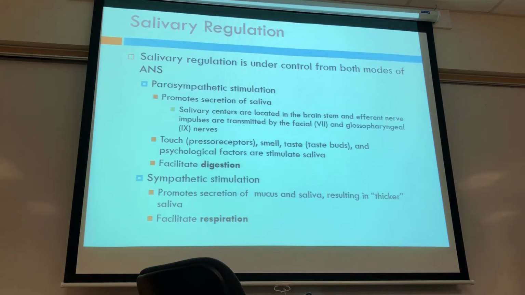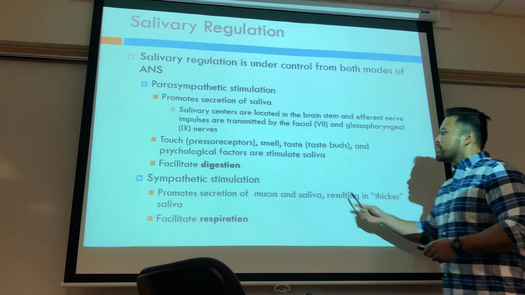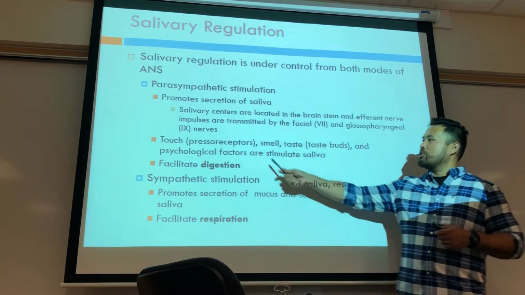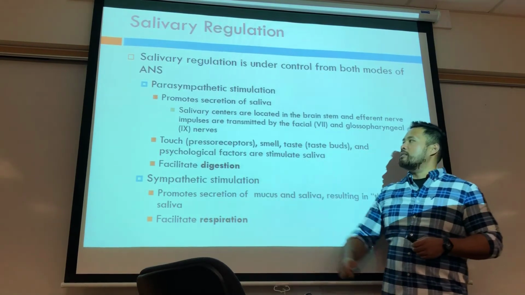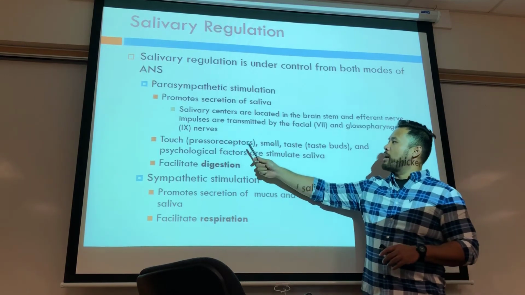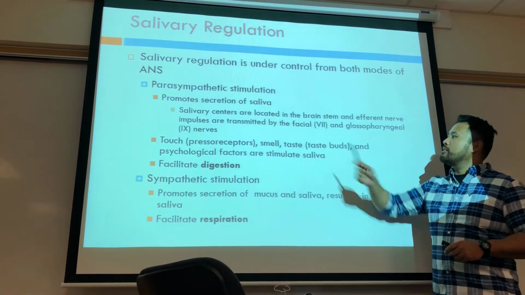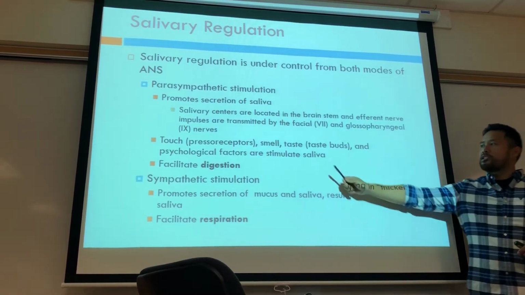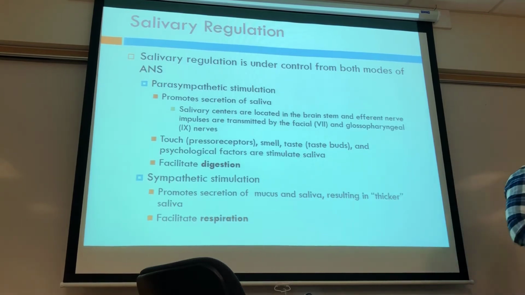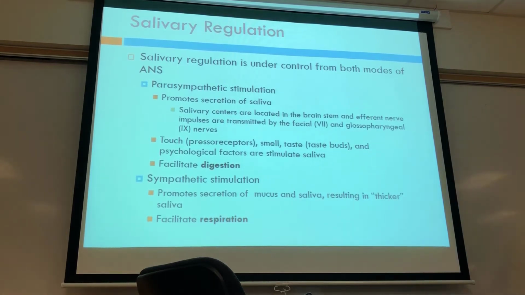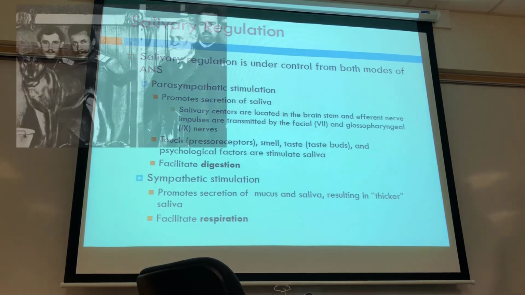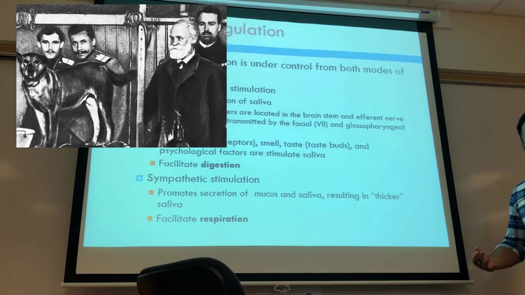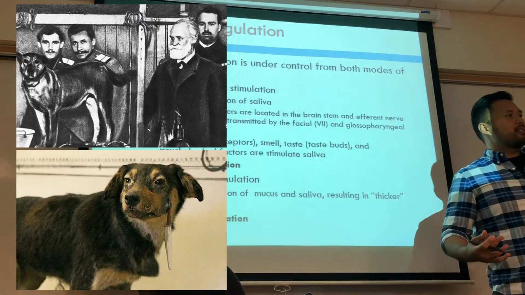All of this sensory information stimulates the production of saliva: the touch of food, any texture felt by the tongue, the smell of food, the taste of food, and other psychological factors. Just thinking about food stimulates the production of saliva. Think about the old experiments with Pavlov's dogs.